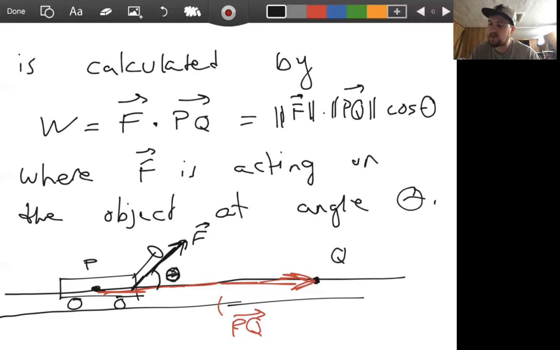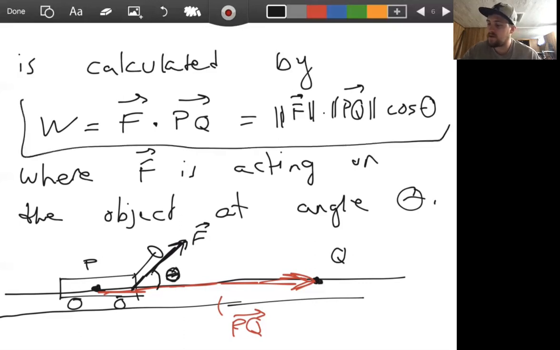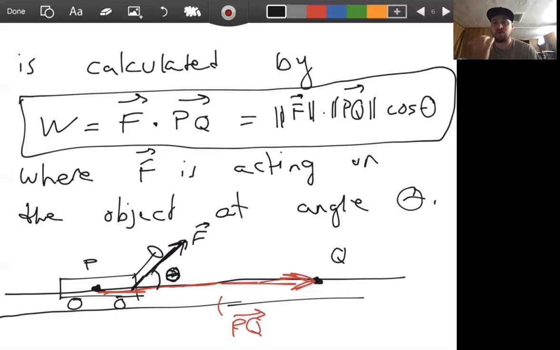And so we can calculate the work done to push or pull the cart from point P to point Q just by taking the dot product. All you have to do is express force as a vector, and then you express your PQ vector using terminal and initial points, and then you can calculate the dot product either with the standard definition, or you don't even have to be able to express them as vectors.